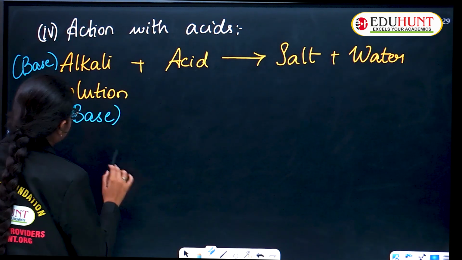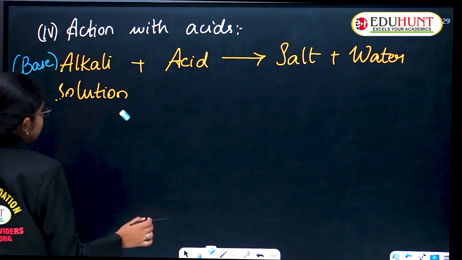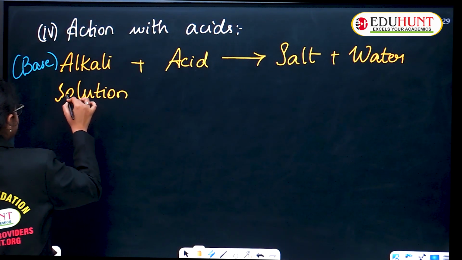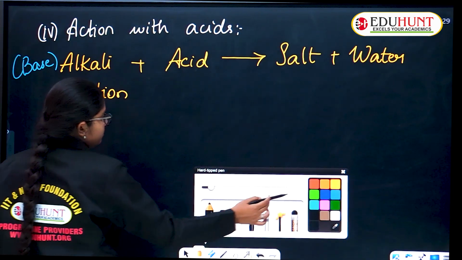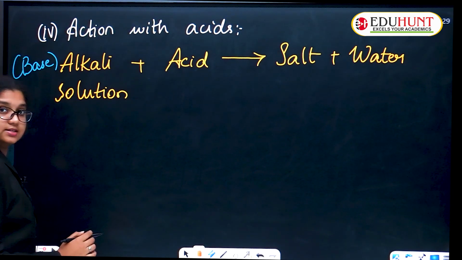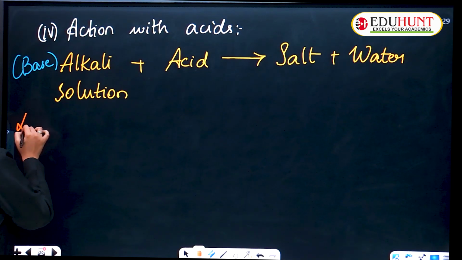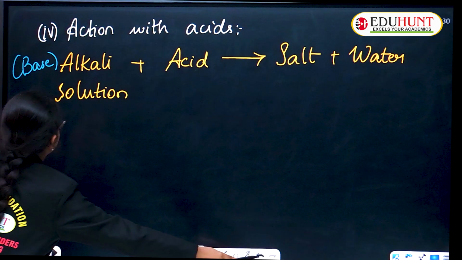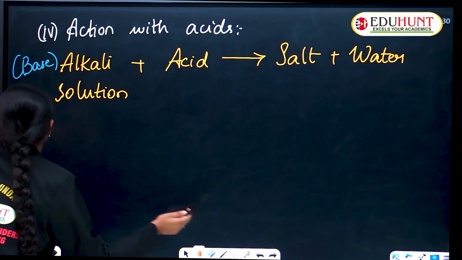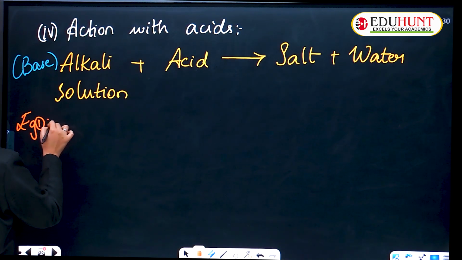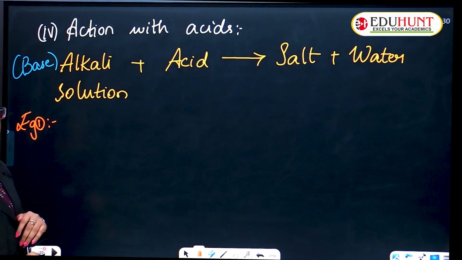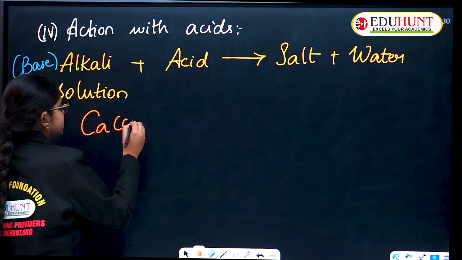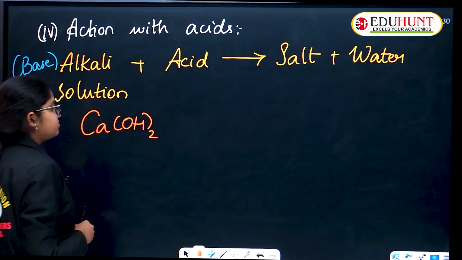Okay, clear? Yes. Now we'll see the examples, how the reactions are going on. Now the first reaction, example number 1. We'll take an alkali solution such as calcium hydroxide, Ca(OH)2.